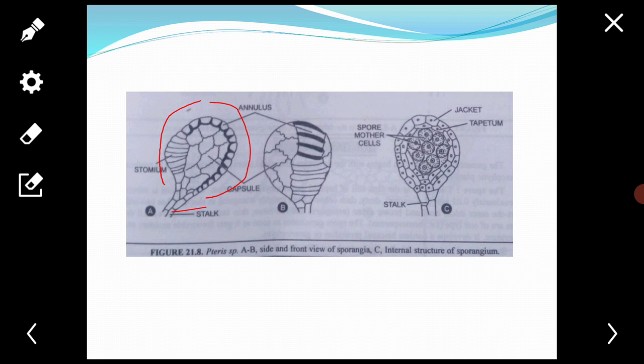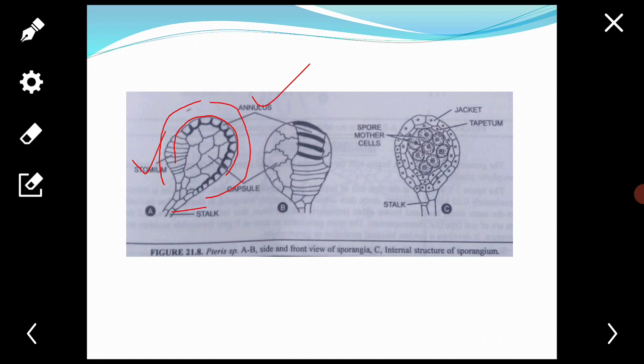The body of the sporangium is oval or biconvex lens shaped. It has a single layered jacket. A few cells of the jacket are modified to form stomium and annulus. The annulus is ring-like, consists of vertically elongated cells.